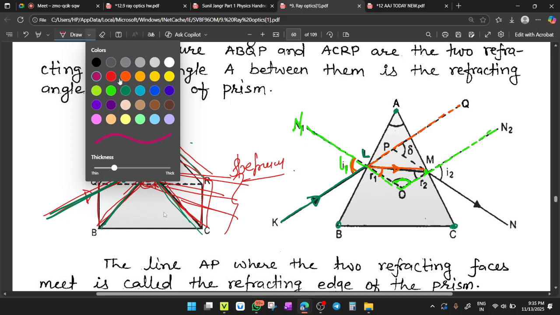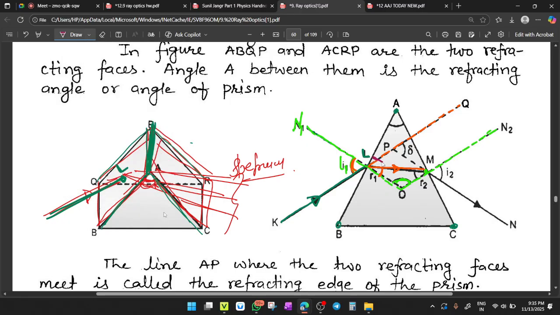I'm talking about which angle? See it clearly. Normal to the surface. Yes, this angle equals 90 degrees. And this angle also equals 90 degrees. This is the surface and this one is the normal. So this angle equals 90 degrees. Clear or not clear?